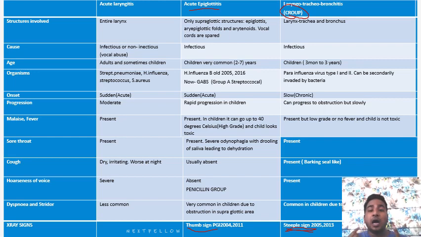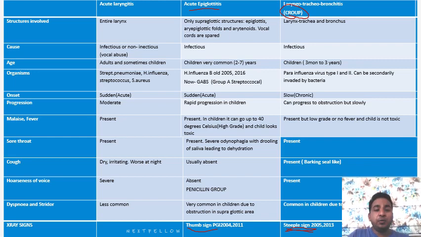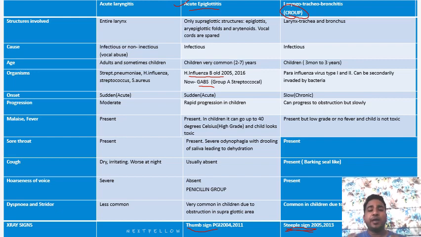Now what is the causative agent? In acute epiglottitis, the most common organism earlier would have been Haemophilus influenzae B. That was back in the 90s, 2001, 2010, etc. But nowadays, the most common organism responsible for epiglottitis is GABHS, group A beta hemolytic streptococcus.